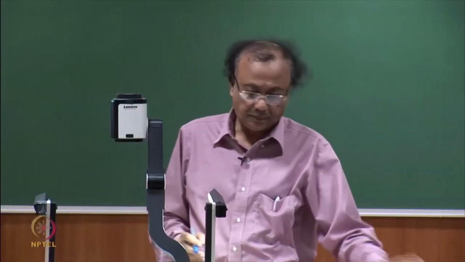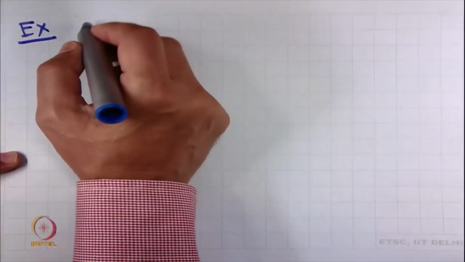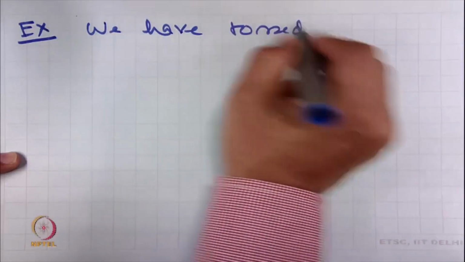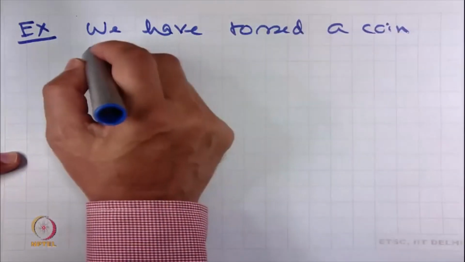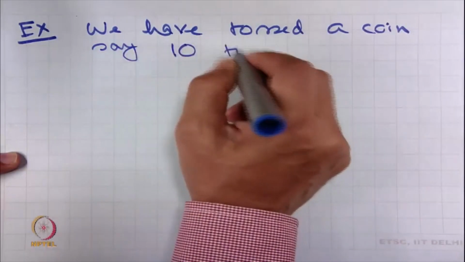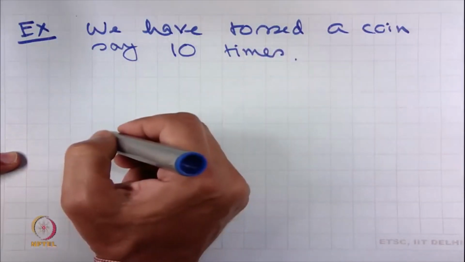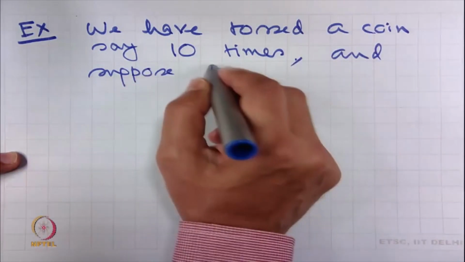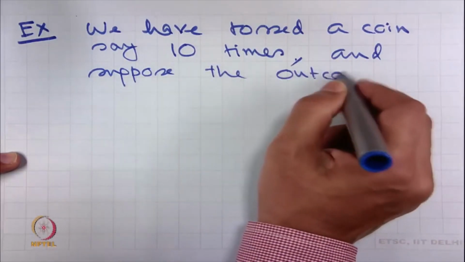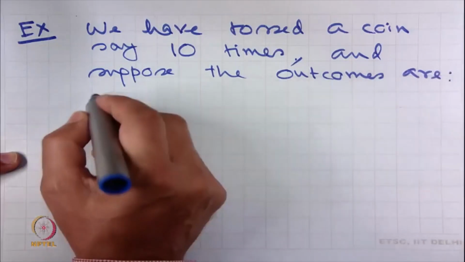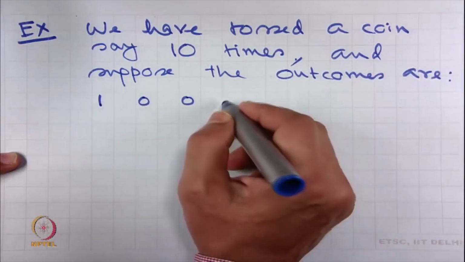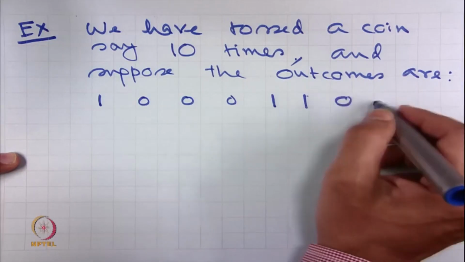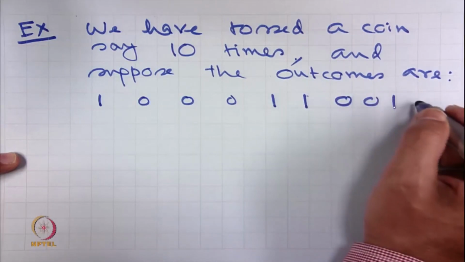For example, we have tossed a coin, say 10 times, and suppose the outcomes are head, tail, tail, tail, head, head, tail, tail, head and tail.